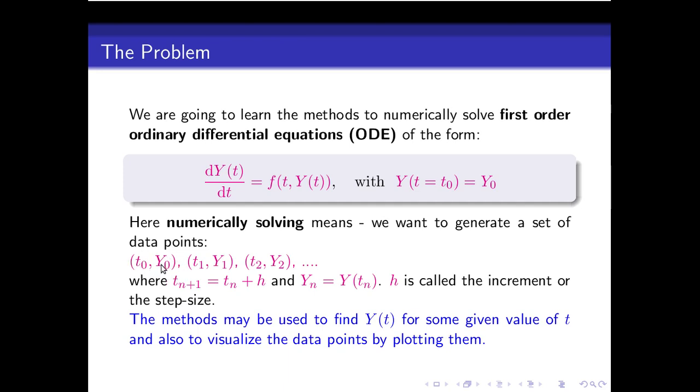So from this, we need to generate the other points, t1, y1, t2, y2, and so on, where t(n+1) is tn plus h, meaning that t1 is equal to t0 plus h, t2 is equal to t1 plus h, where this h is called the increment or the step size. It means the increment of the t variable.